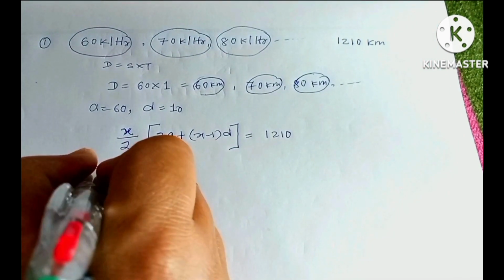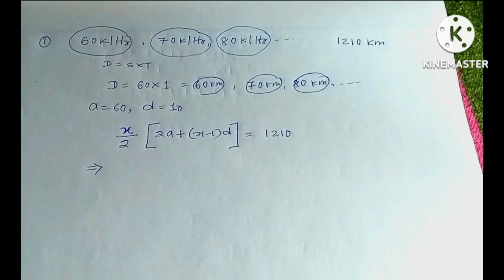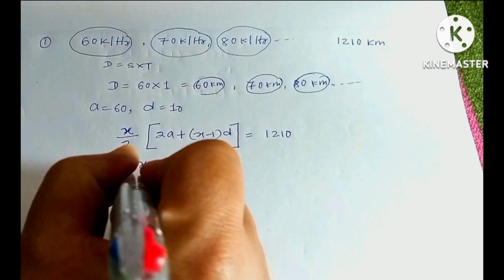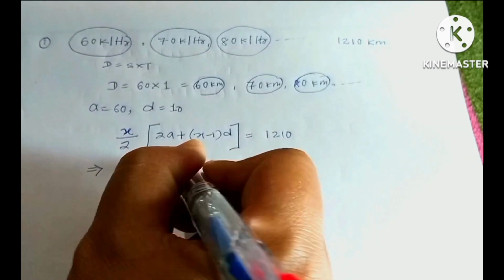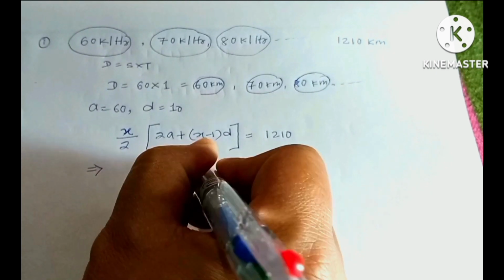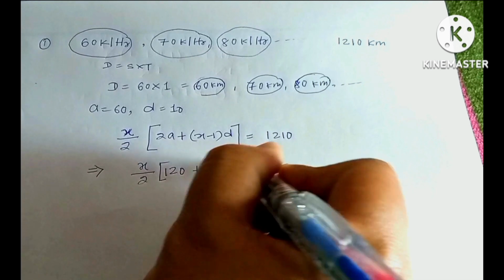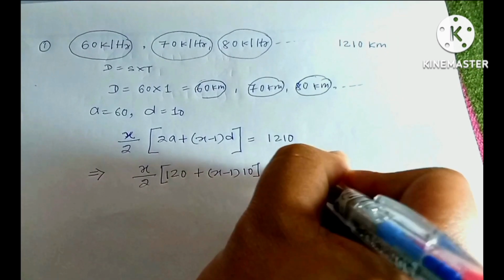So let us put the values of a and d here. a is equal to 60, so it becomes x upon 2, 2 into 60 is 120, plus x minus 1, the common difference is 10, equal to 1210.